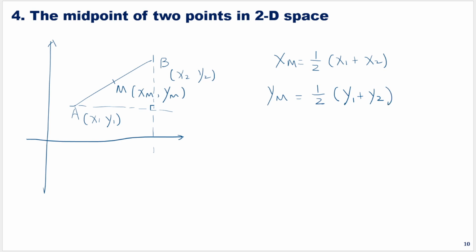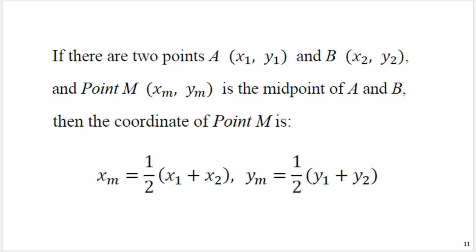Do you get it? So in a summary, if there are 2 points A and B, whose coordinates are x1, y1, x2, y2, and point M, whose coordinate is xm, ym, it's the midpoint of A and B, then we can calculate the coordinates of point M, where xm is 1/2 of x1 plus x2, and ym, the y coordinate of M, is given by 1/2 of the sum of y1 plus y2.